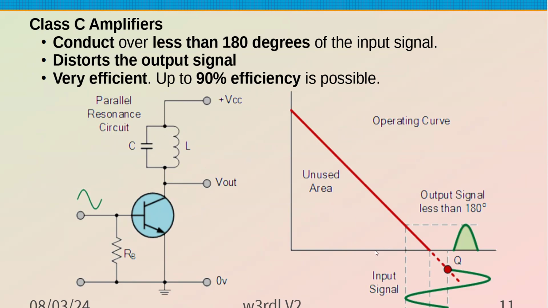It's only going to basically send a portion of that wave into the tank circuit. In this case, with a single transistor, it's getting one pulse per cycle. That's enough to keep it oscillating at the resonant frequency of the LC. So it makes it much more efficient.